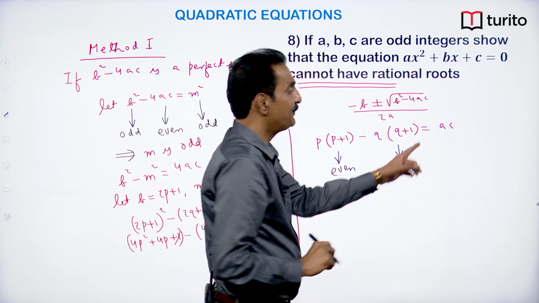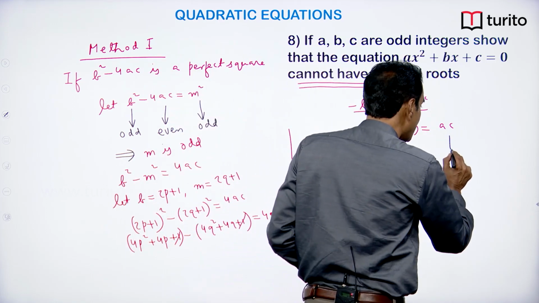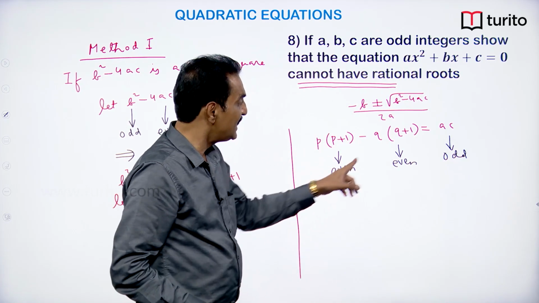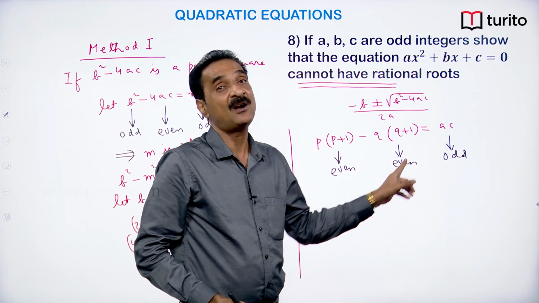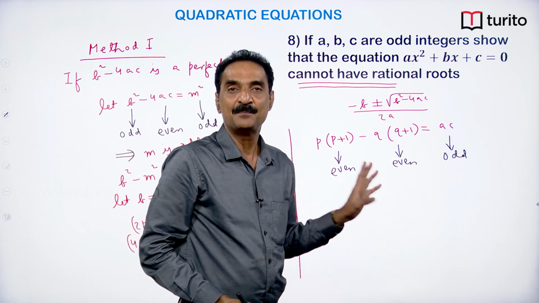But what about ac? a and c are both odd integers. So, ac is odd. Now, even minus even cannot be odd. Is it not? So, this is impossible.